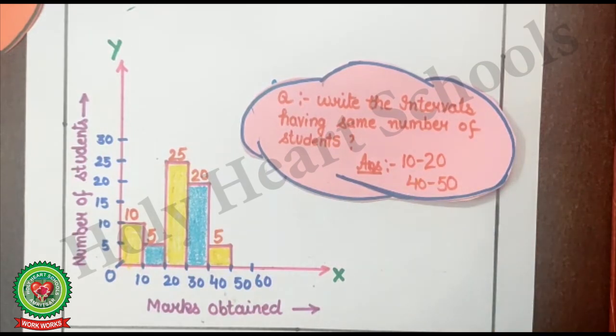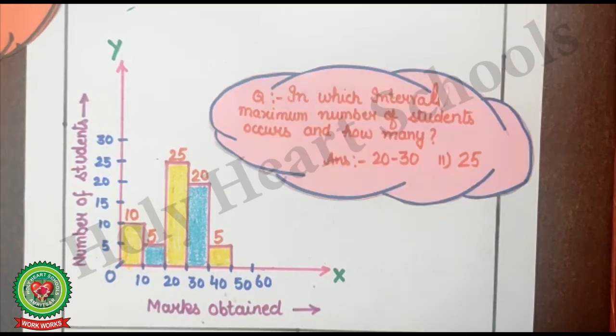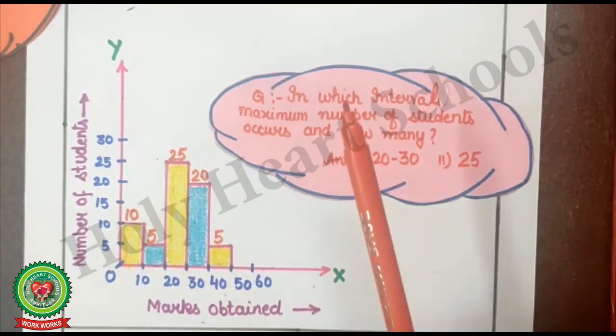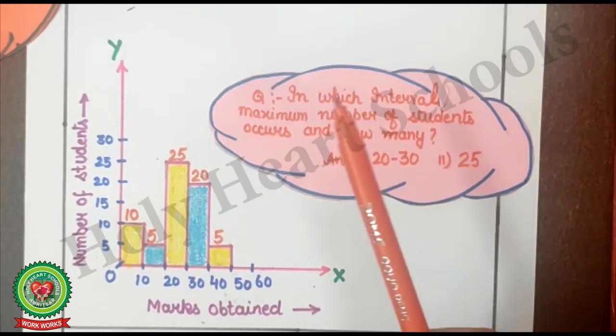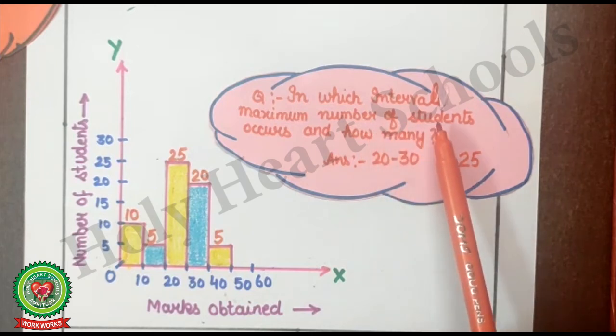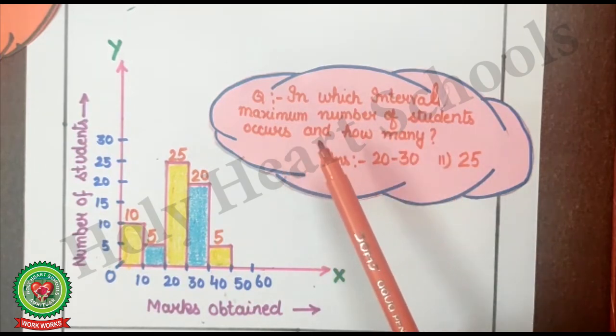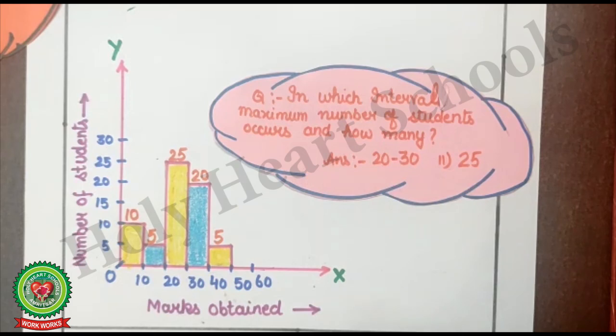Now see the next question. In which interval does the maximum number of students occur, and how many? Maximum number of students means the highest bar.